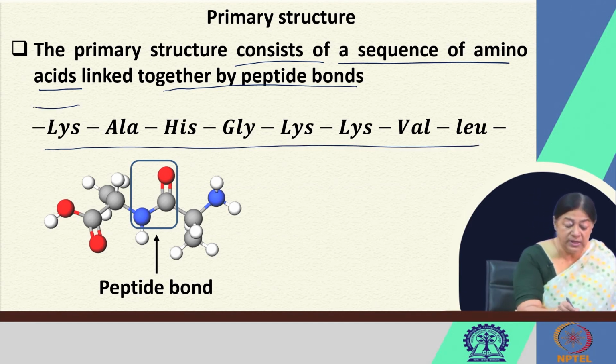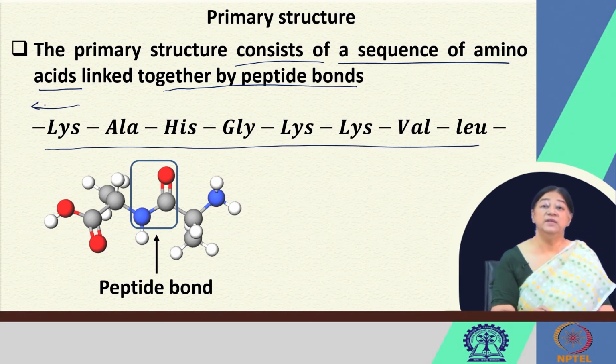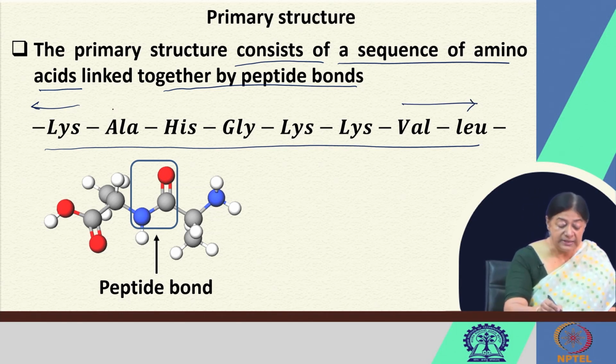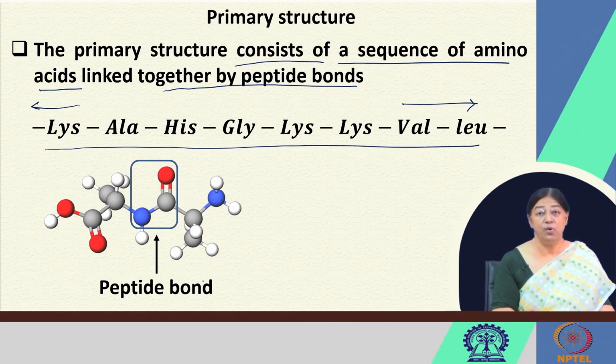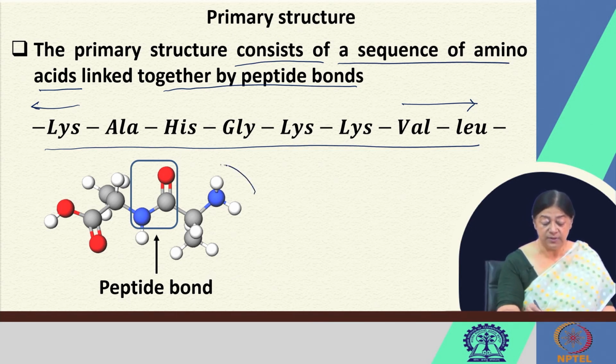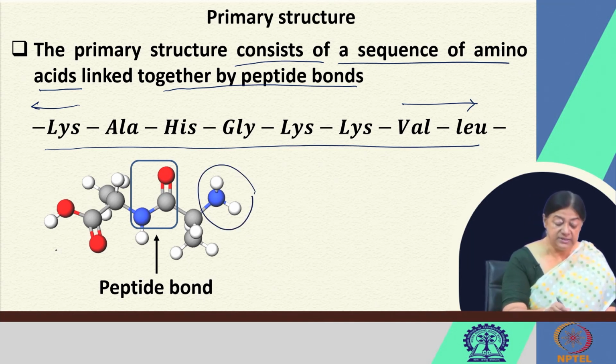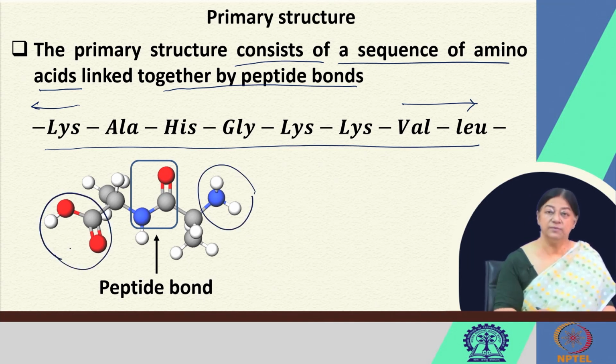What we know is that on the left hand side we have the N terminus, on the right hand side we have the carboxyl terminus, because we know that this peptide bond is formed from a combination of the CO and the NH. Now, if we look at the way this peptide bond has been drawn, the N terminus is this one. The C terminus is this one.